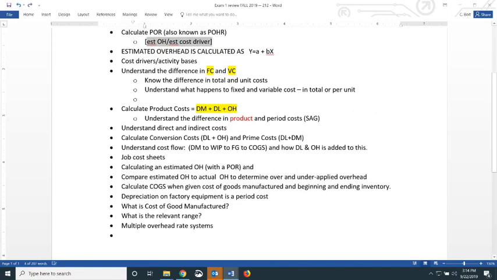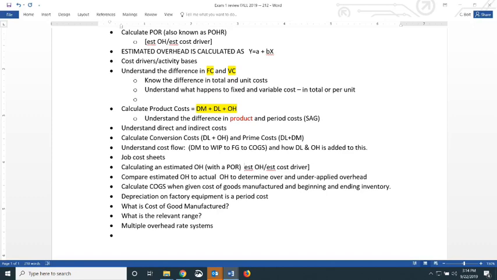If you were asked to calculate estimated overhead, you will use this formula: the estimated overhead divided by the estimated cost driver. It's an estimate. It means that at the beginning of the year we wanted to see how much we think we're going to have in overhead and how much we think we're going to have in our cost driver.